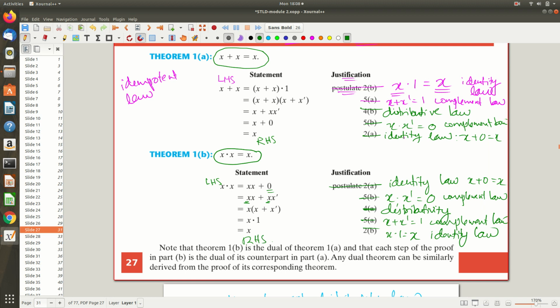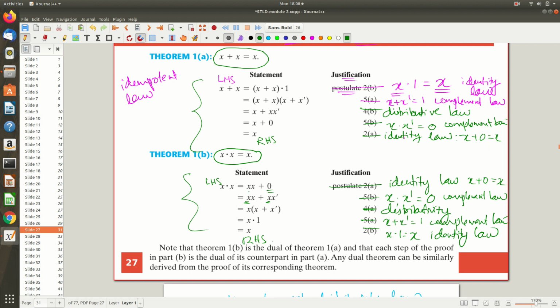That proves our theorem. And you can see that the theorems are duals of each other, and each and every step you applied in the proof is also dual of each other. So you simply study this proof, you can prove it easily. If it is an exam, prove both of them, simply prove one and take its dual step by step. Don't apply your brain, you will get the proof.